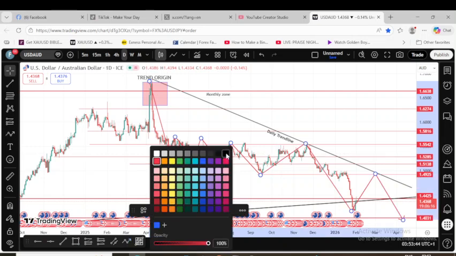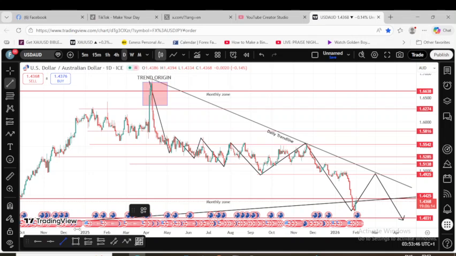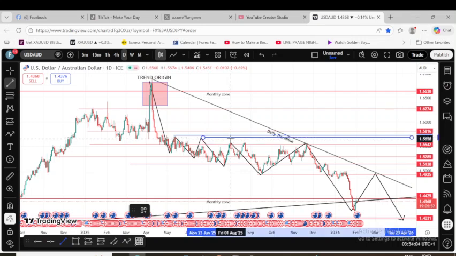Let's make this black. Okay, so price has been on an impulsive move for the last length of time. So now we should mark out our market structure, our lower highs and our lower lows. We'll start by using a blue line to identify our lower highs, and then we'll use a red line to identify our lower lows, since this is a very clear downtrend.